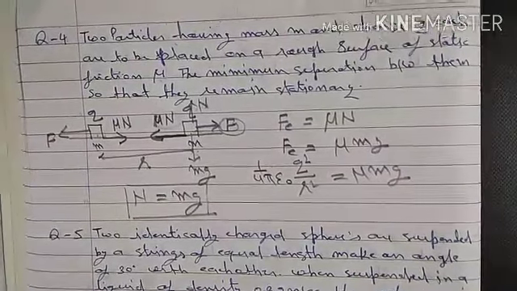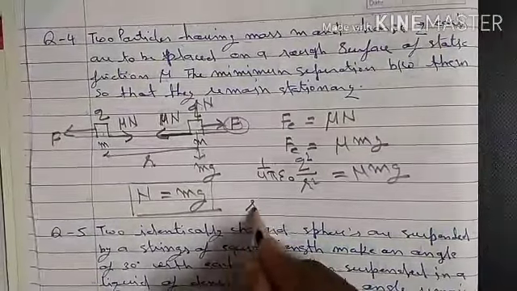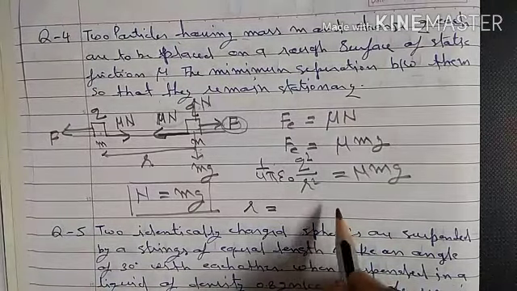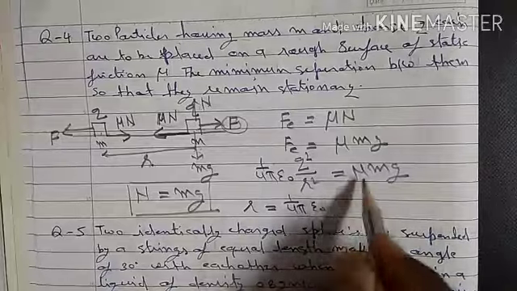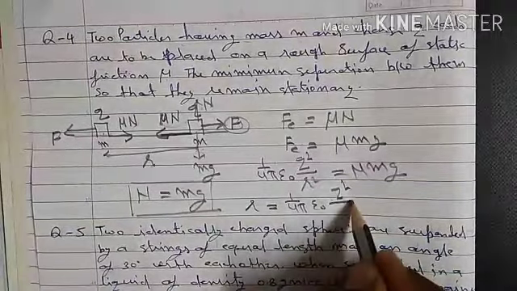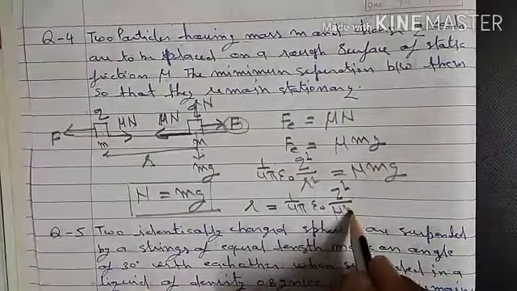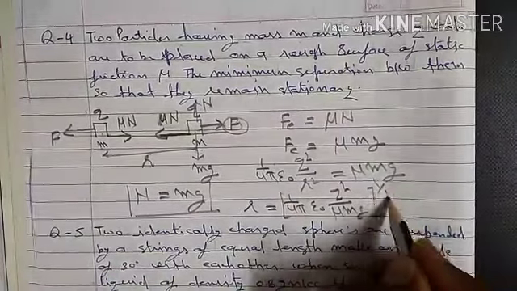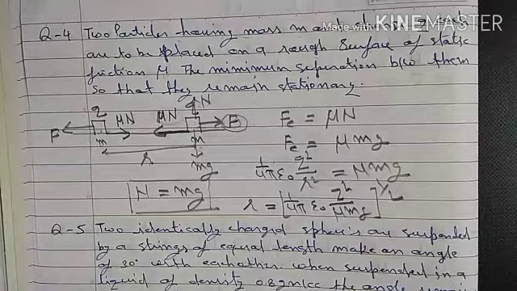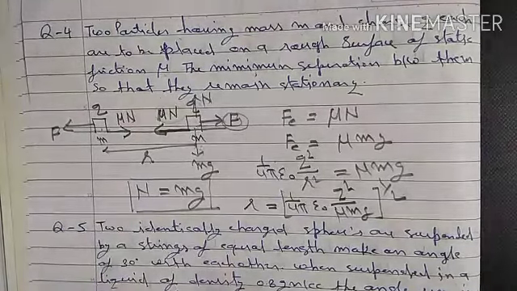Now we want to find r. After solving, r will become 1 upon 4 pi epsilon naught q square by mu mg, whole power 1 by 2. So this is the value of r in this question.